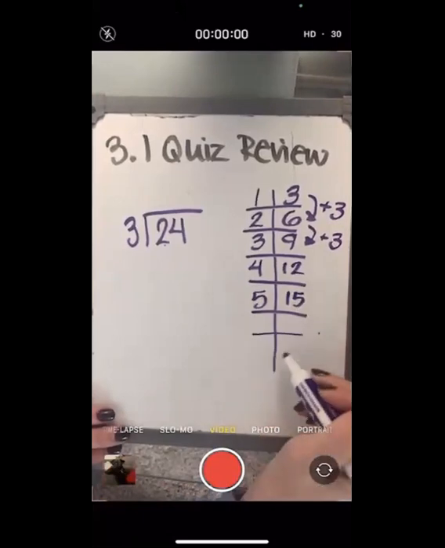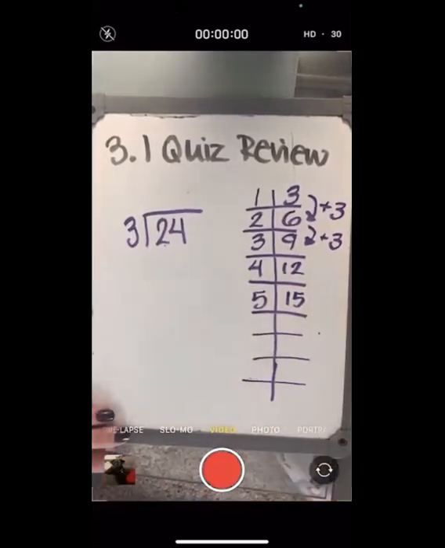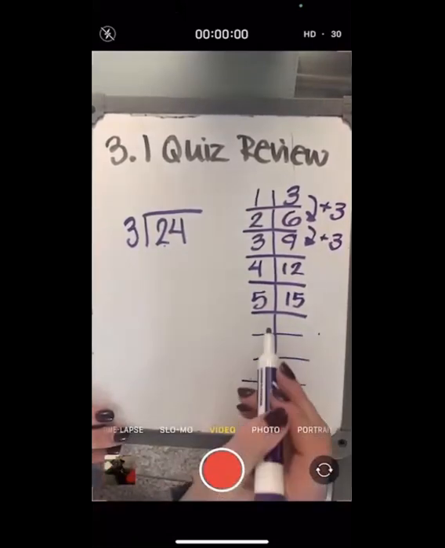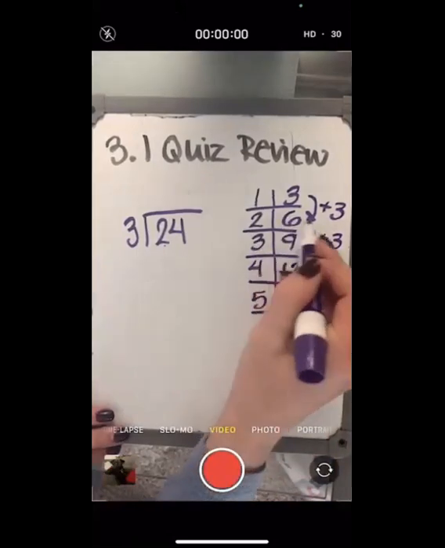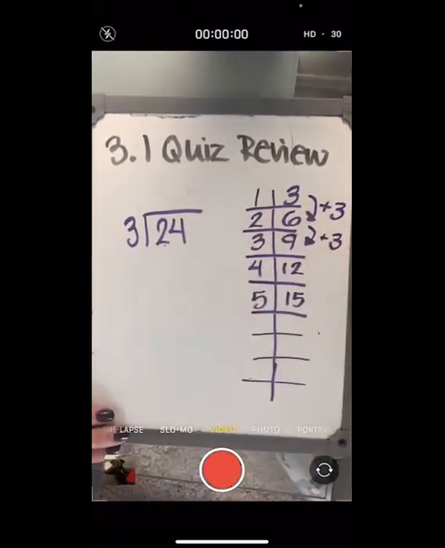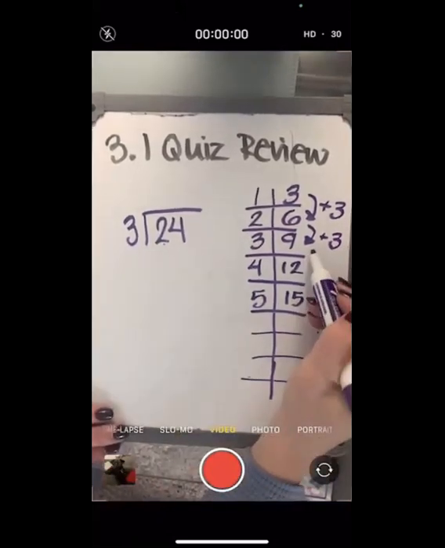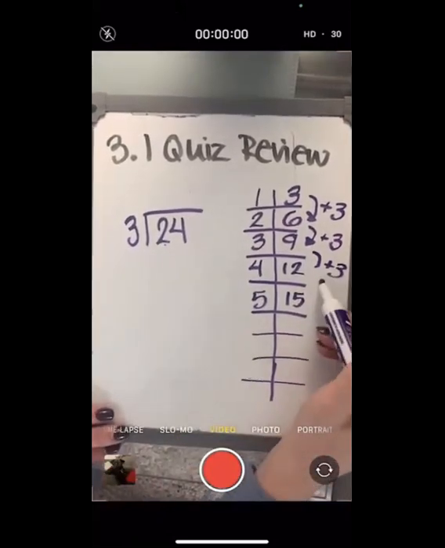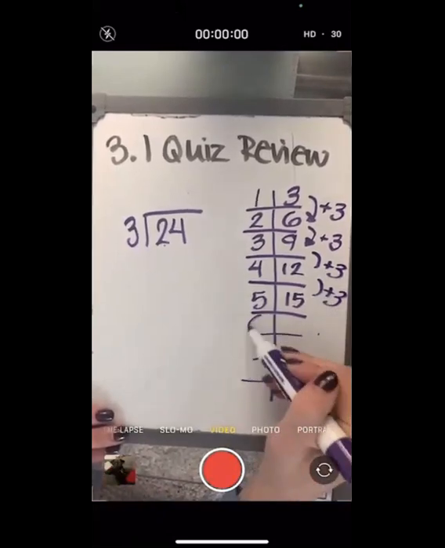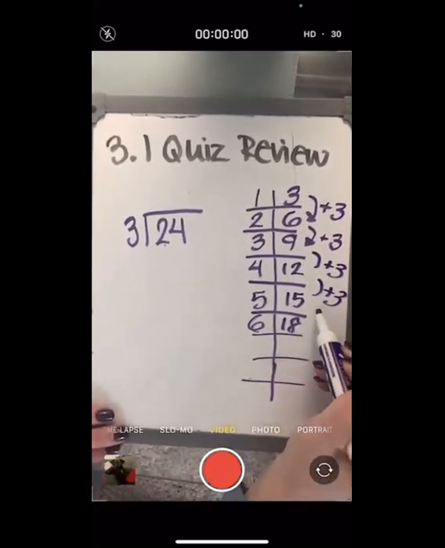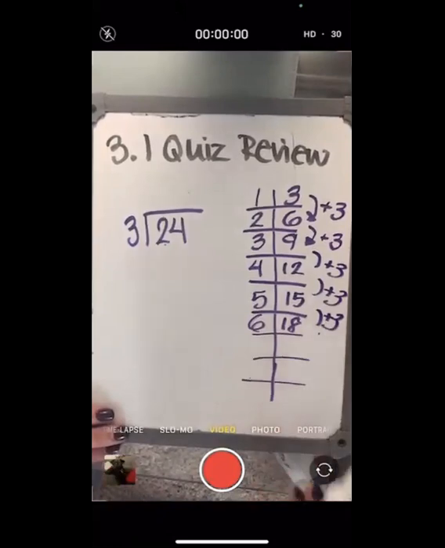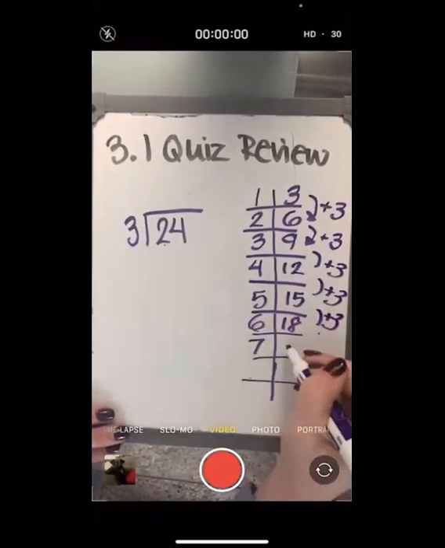And if anywhere in this process you get stuck, the ratio table is really helpful because it keeps your stuff organized. It shows you all of your multiples of 3. And it's helpful because if you just want to do addition, you can. I could say plus 3, 6 times 3 is 18. I know that because 15 plus 3 is 18. 7 times 3 is 21.